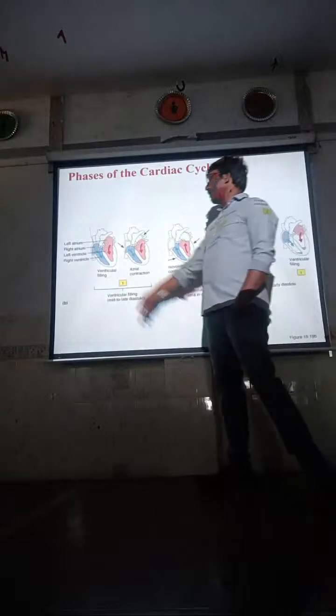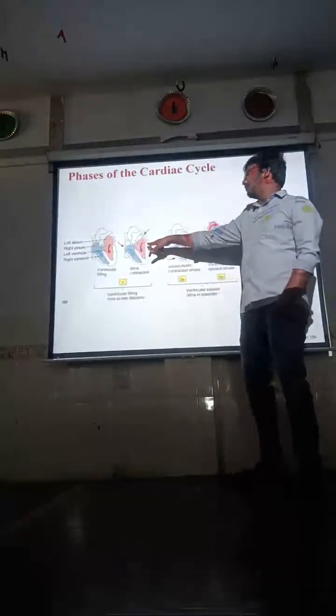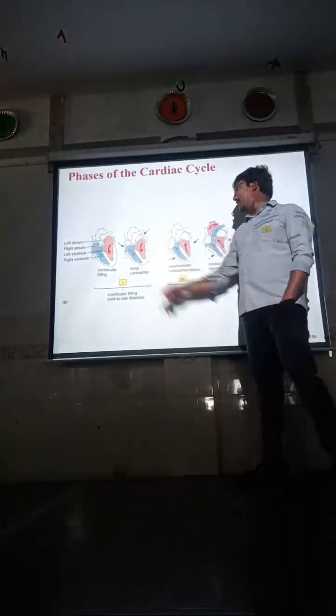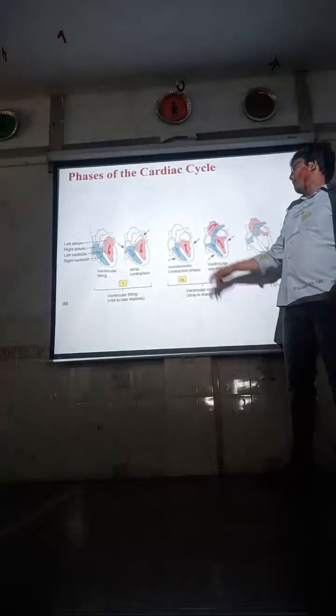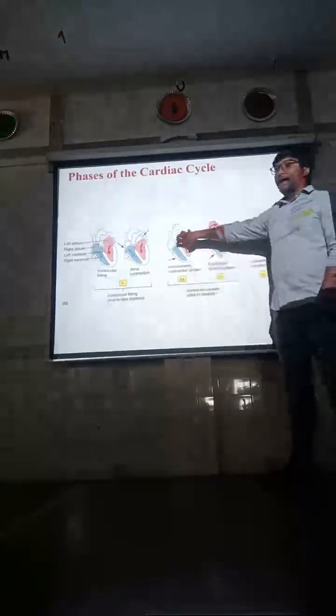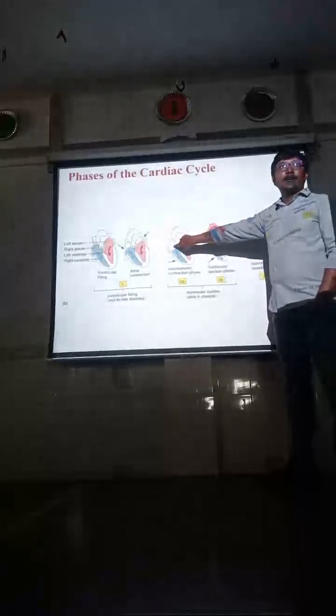Now see here, from the atrium the blood is entering into the ventricles. You can see the second picture. Now the atria are getting empty and the blood is filled in the ventricles. So by the time isovolumetric contraction begins in the ventricles, both the atria are empty.